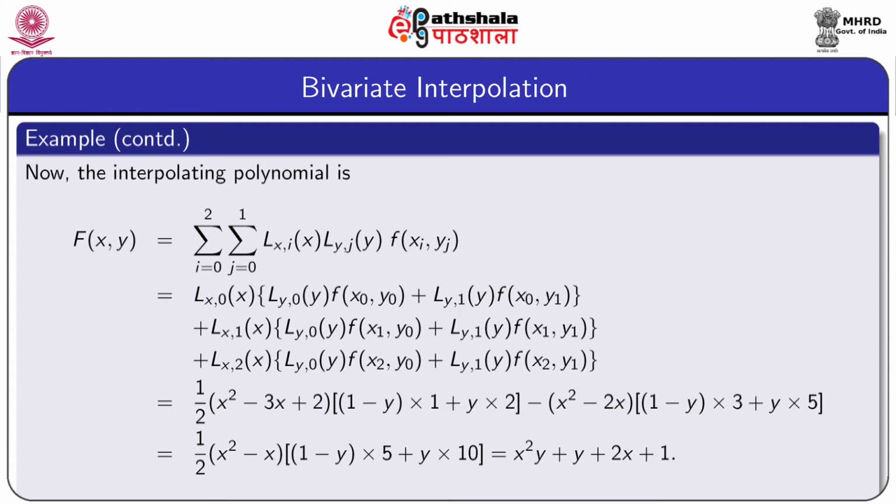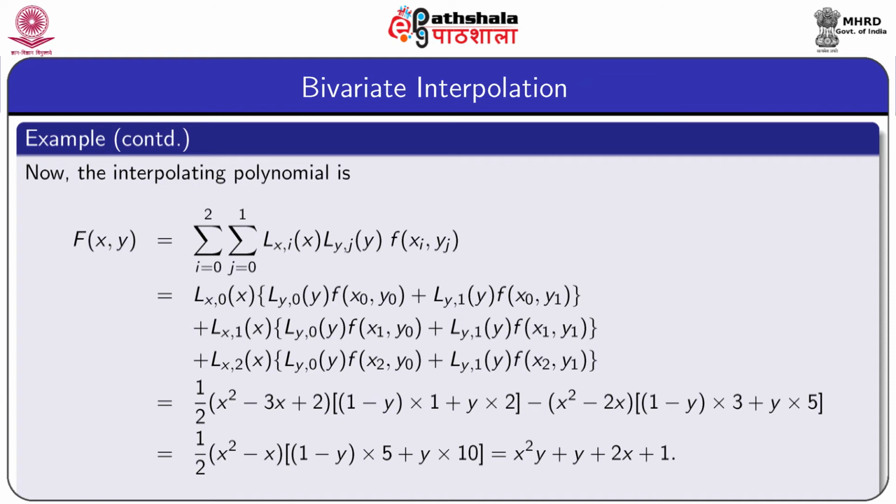Now by expanding the values of j and i, we get the polynomial capital F of x, y equal to Lx0 of x, second bracket start, Ly0 of y into f of x0, y0 plus Ly1 of y into f of x0, y1, second bracket close, and so on.